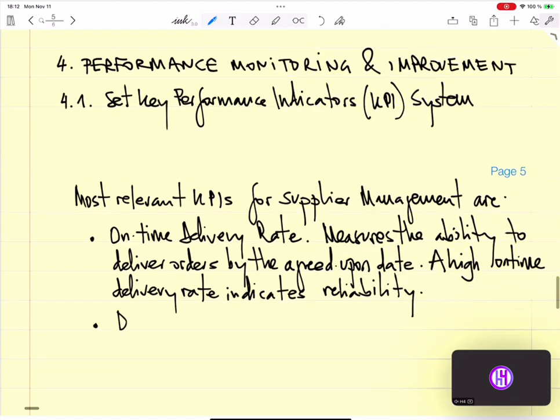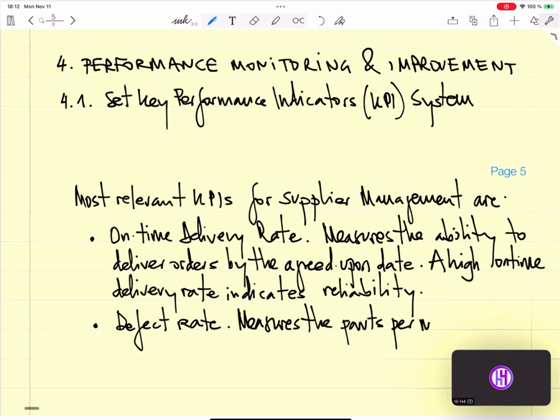So the second one is the defect rate. This is just the PPMs, okay? Measures the parts per million that fail to meet the quality standards.